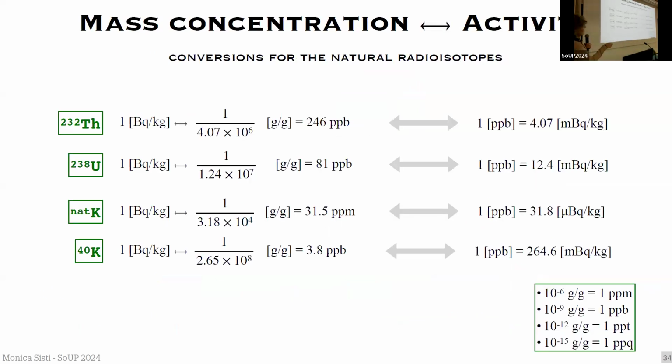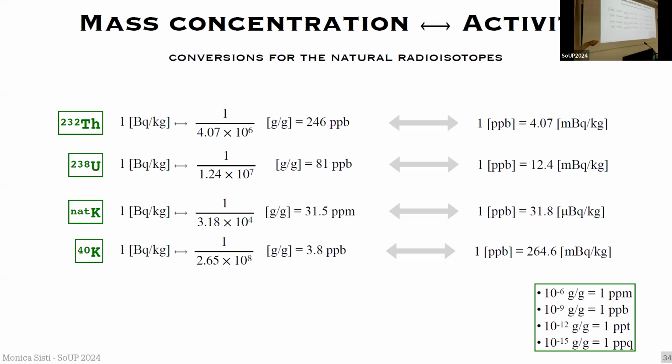And these are the numbers that relate the mass concentration to the activity. Here there is the legend. So 10 to minus 6 gram per gram is 1 part per million. Then we have 1 part per billion, 1 part per trillion, and 1 part per quadrillion, 10 to minus 15 gram per gram.